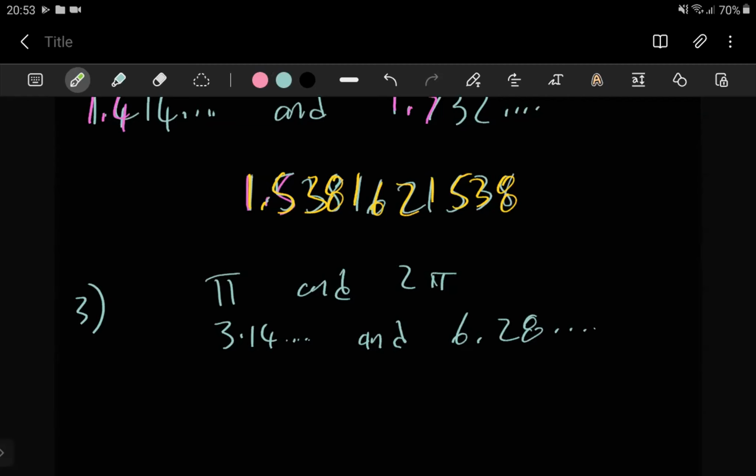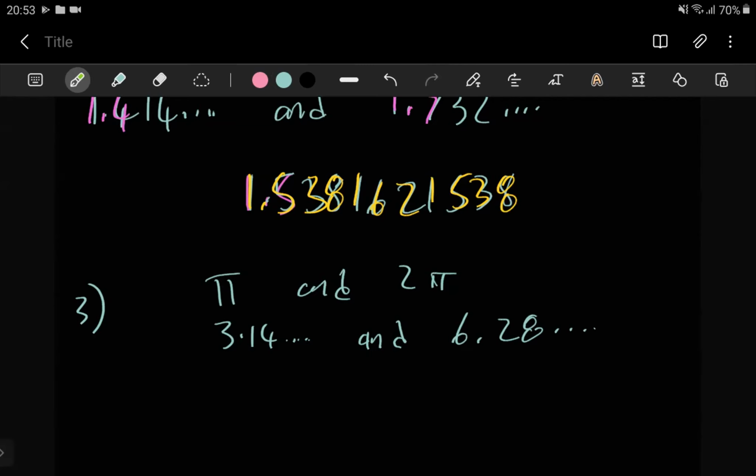Square root of 12. Okay, that's an okay way to go. Let's see, square root of 12.